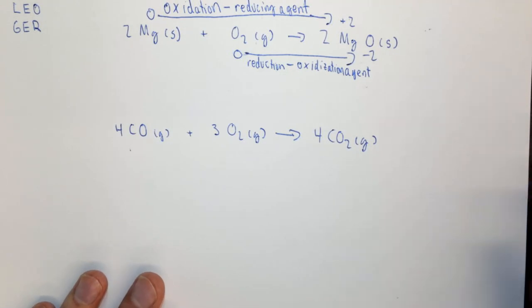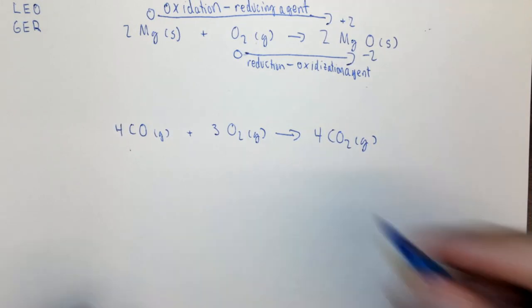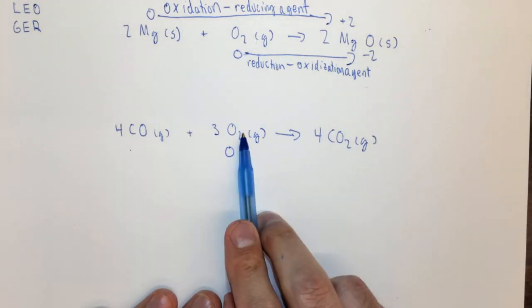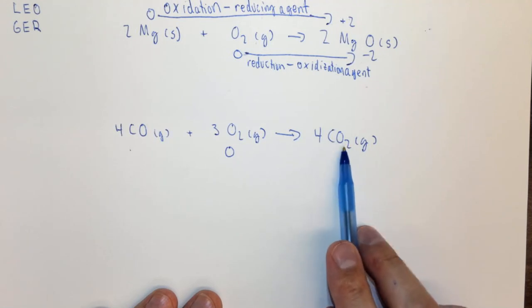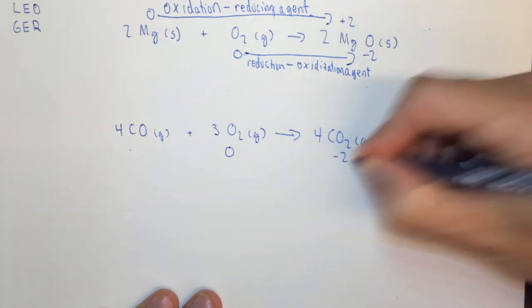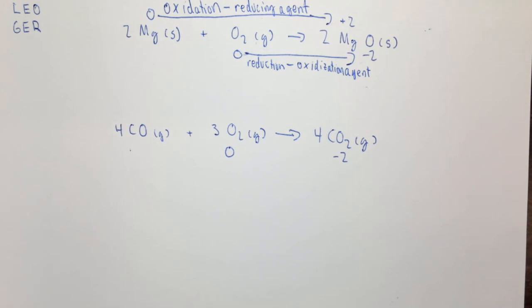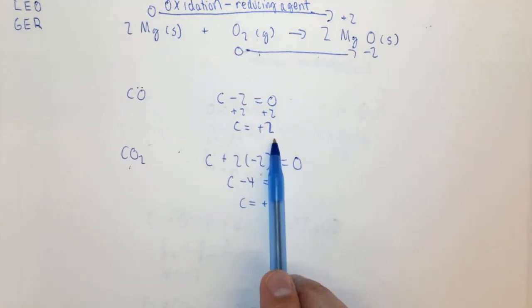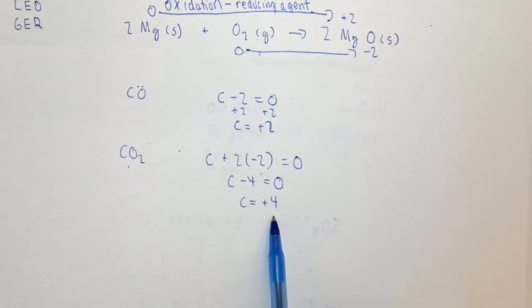So we need to look at the oxidation states here and see what's going on. Here, oxygen has an oxidation state of 0 because it's an element, and here, oxygen has an oxidation state of -2 because it's in a compound. Now, if you'll recall from the previous example, we actually found the oxidation state of carbon in carbon monoxide and carbon dioxide.